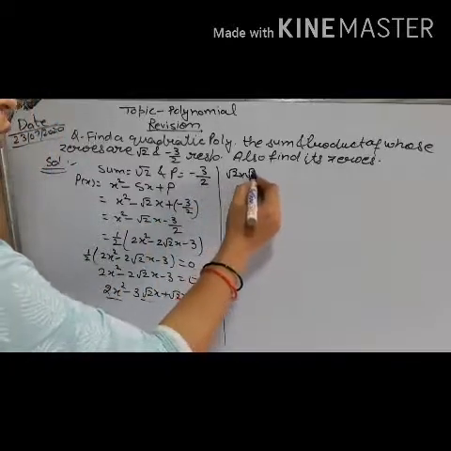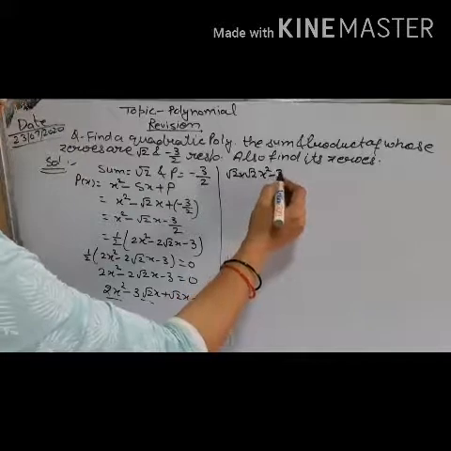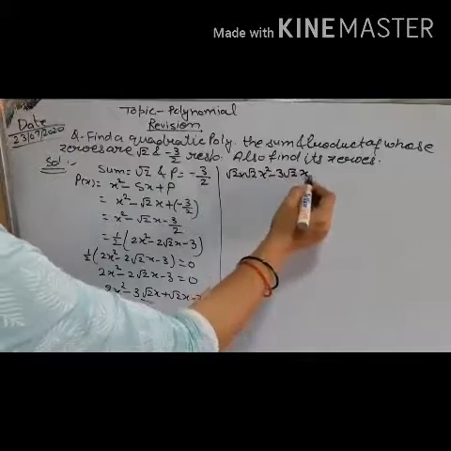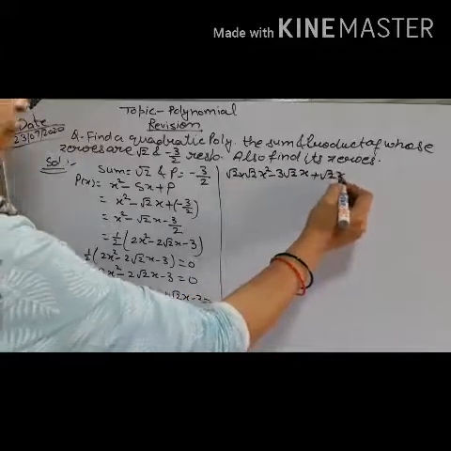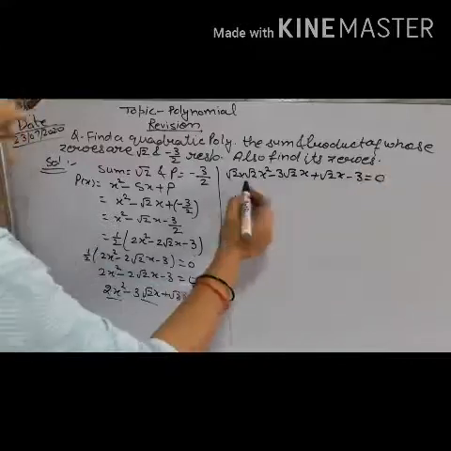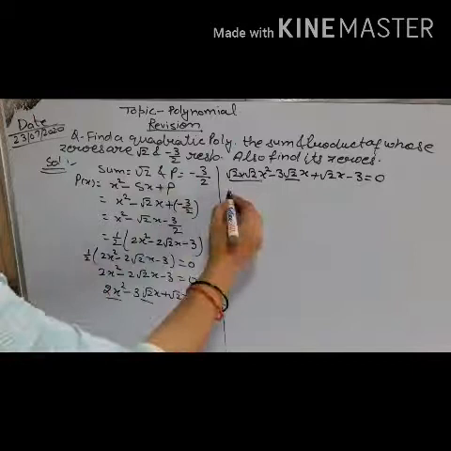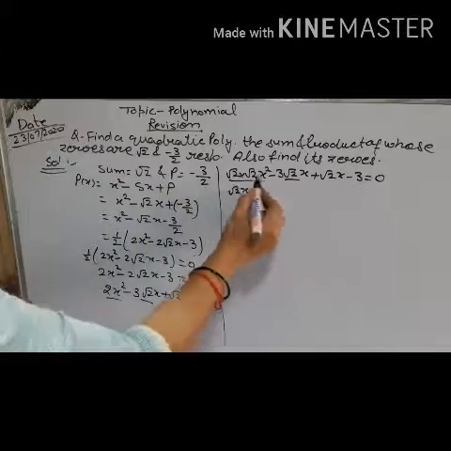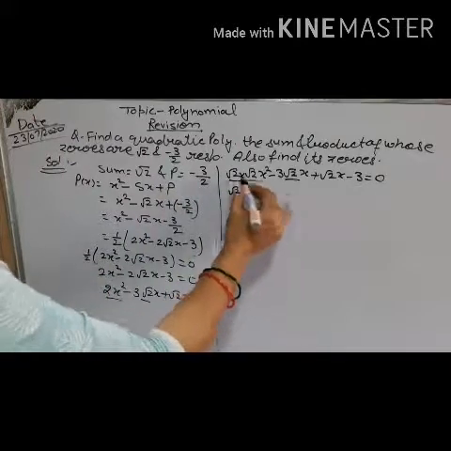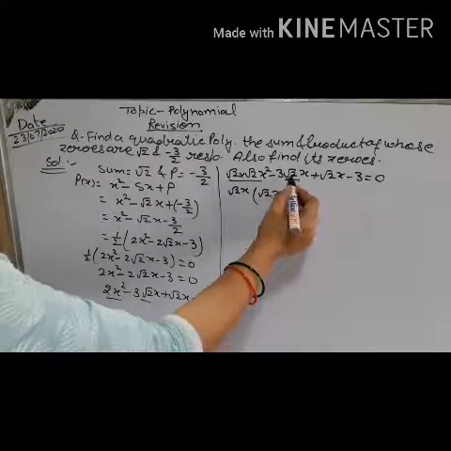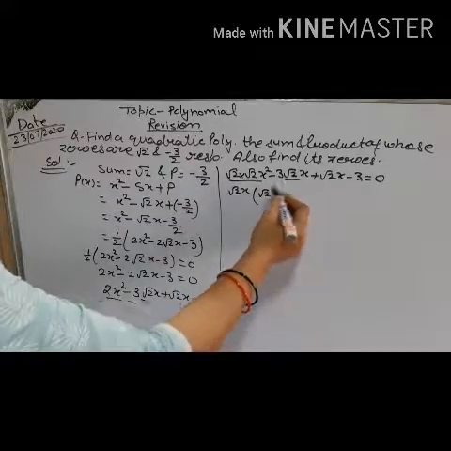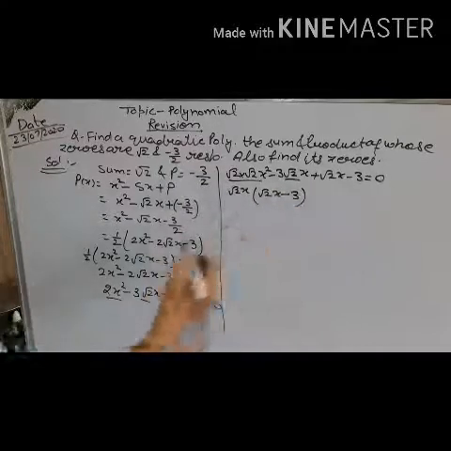Root 2 into root 2 x square minus 3 times root 2x plus root 2x and minus 3 is equal to 0. Now from the first and second term, which value is common? Root 2x is common. So which term is left here? Root 2x and minus 3 is left.